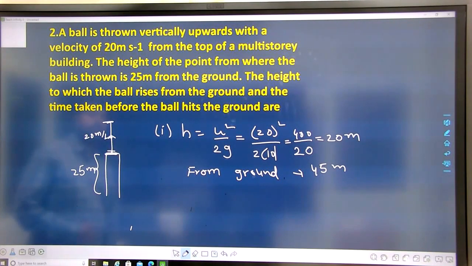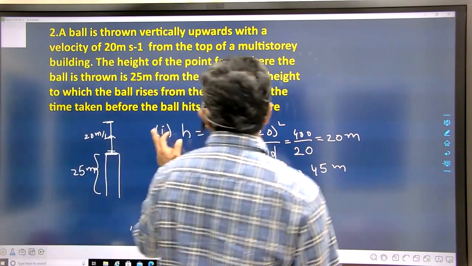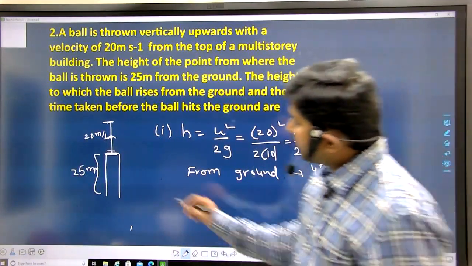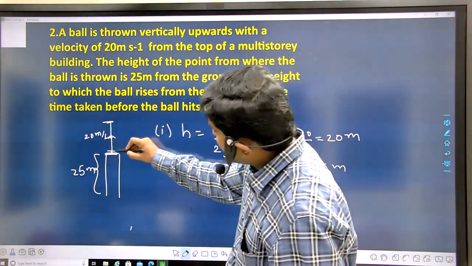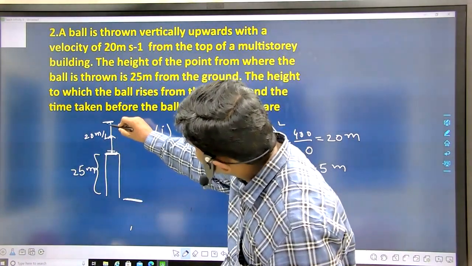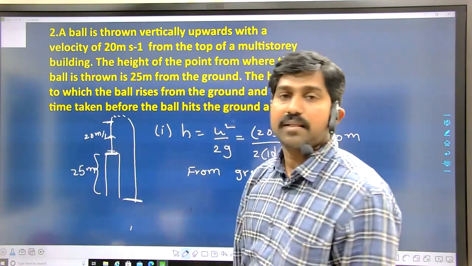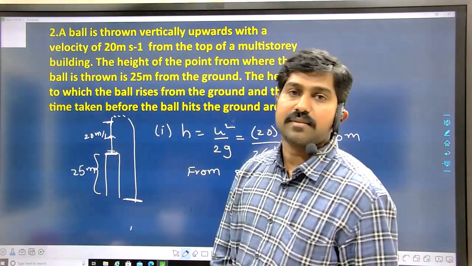And what about the second question? The time taken before the ball hits the ground. When you project a body from this point, it goes to a certain height, and again reaches the ground. This is the upward path and this is the downward path, and you have to calculate the total time it takes.